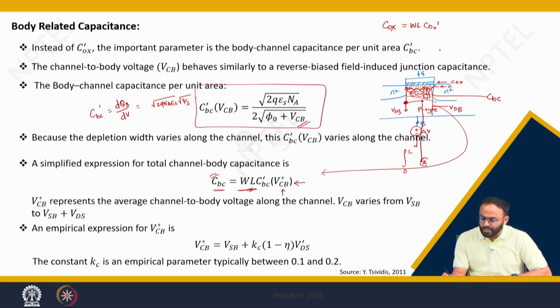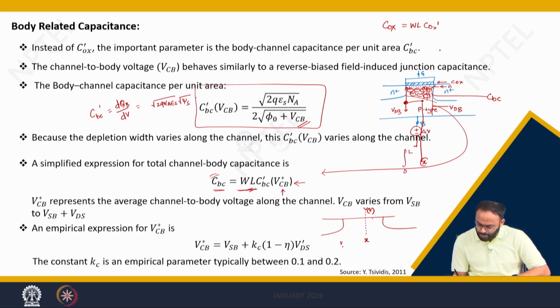We have done this analysis when we were saying that, consider this is my source end, consider this is my source and this is my drain, and if I am interested to calculate the potential at location X, then I can simply use this as Vx, right?